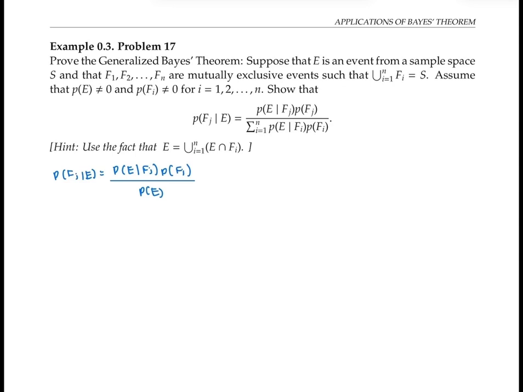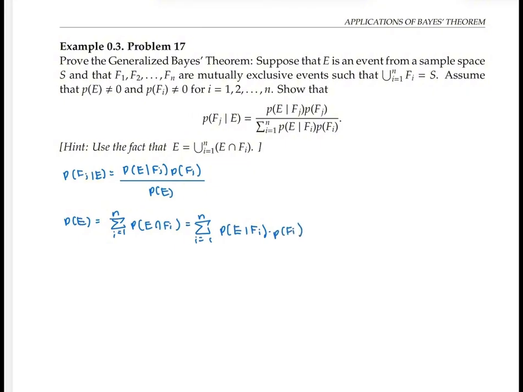Because E is equal to the addition of all these terms, we can write P of E equals the sum of all of them, which also equals the sum of, and we're going to use the multiplication rule, P of E given Fi times P of Fi.